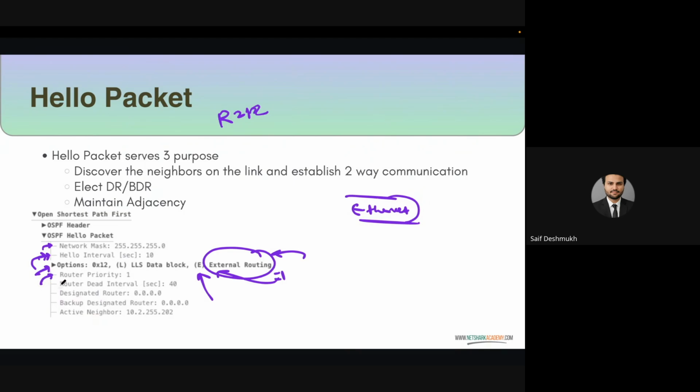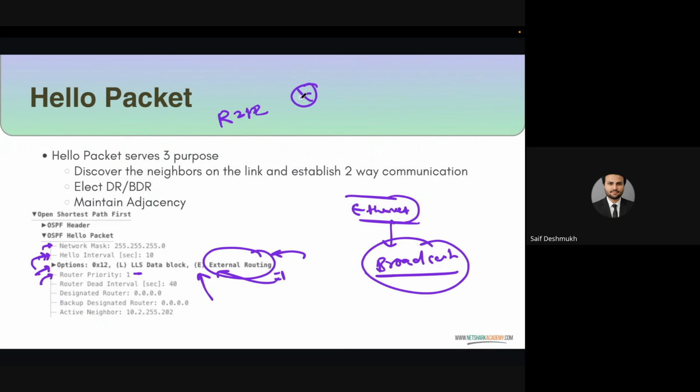The router priority is also mentioned based on the link. Usually it's 1. I'll talk about the network types because this information is related to the network types. When we have a broadcast type of network, Ethernet is a broadcast type of network by design, by default, because we depend on ARP and flooding and all those behaviors.